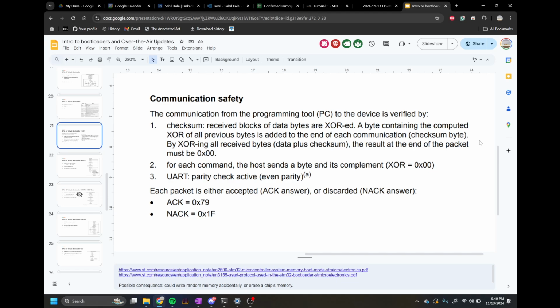The point I want you to take away from this is that when you're talking to a device, it's possible for random bit flips or random communication errors to happen, right? If you've worked with UART, I2C, or SPI, you'll notice that at some point maybe your chip decides to interpret a 1 as a 0, or the other way around. And that can be bad for us.